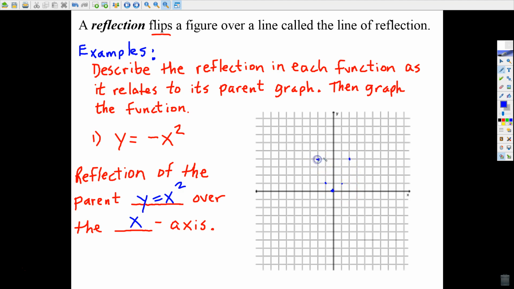Here's the parent. Let's label it for you. The blue is our original parent, y equals x squared. By putting this minus in front and showing that it's a reflection over the x-axis, it's literally picking this blue parabola up, flipping it over, that's what reflection means, and setting it down on the other side of the x-axis.